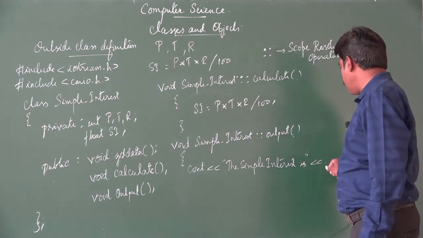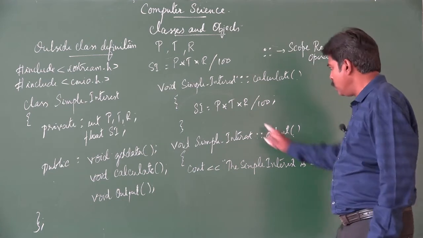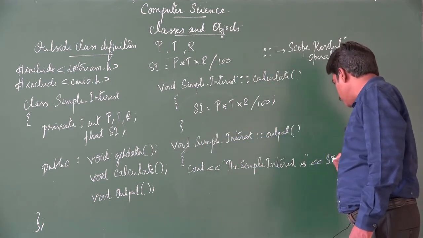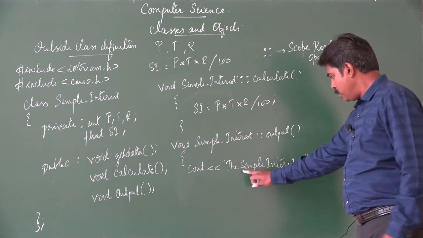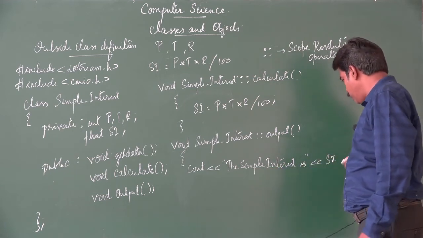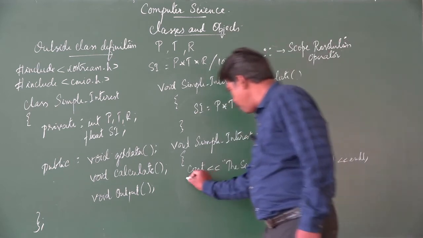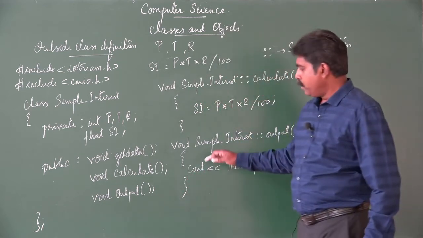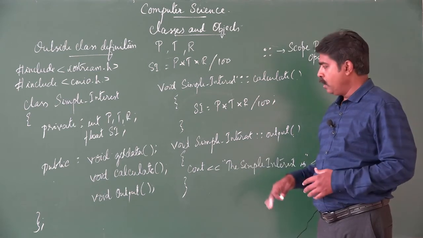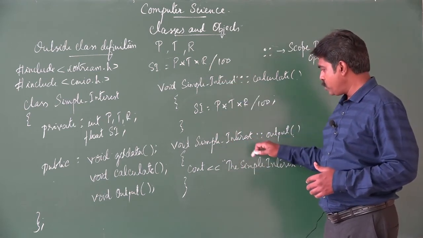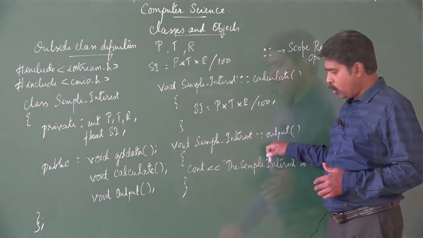SI holds the resulting value after calculation, so SI's value will be printed here, then endl, semicolon. So this is the way of writing an outside class definition: simple_interest, scope resolution, output.